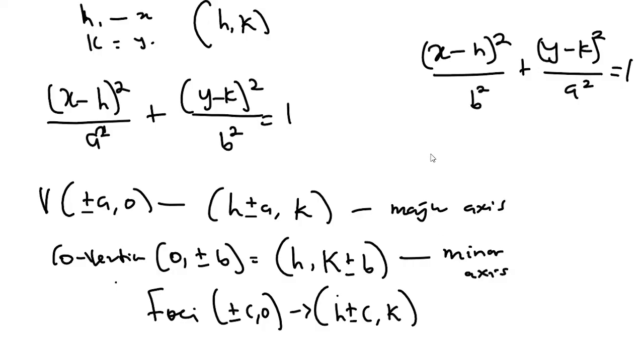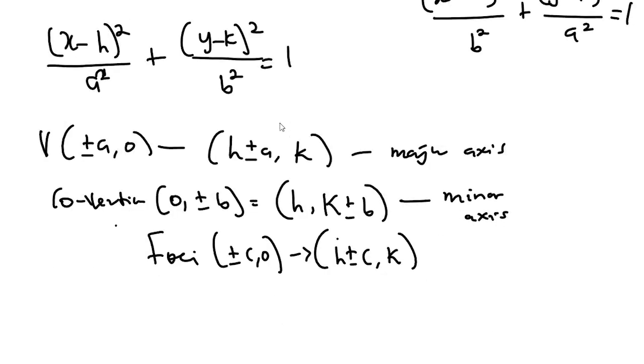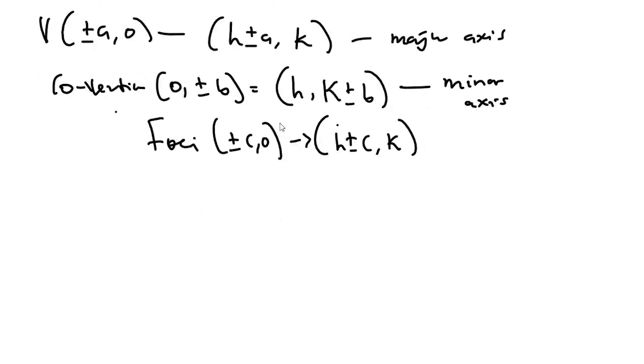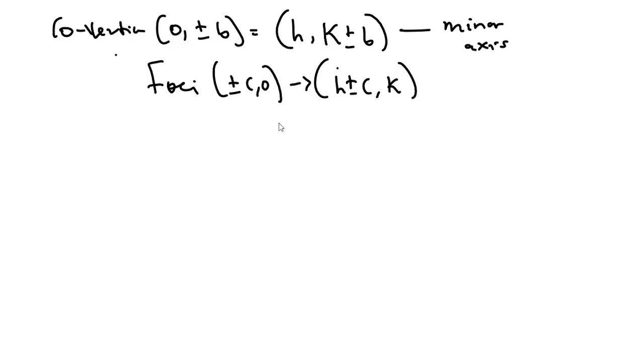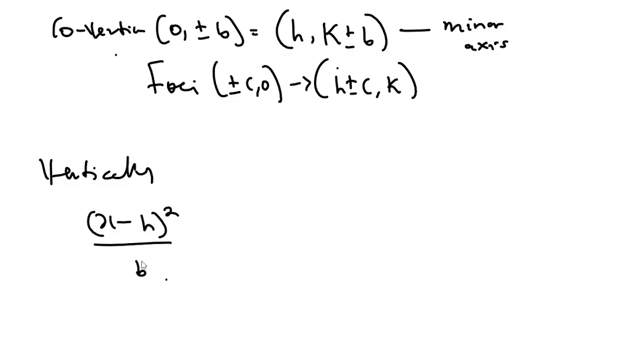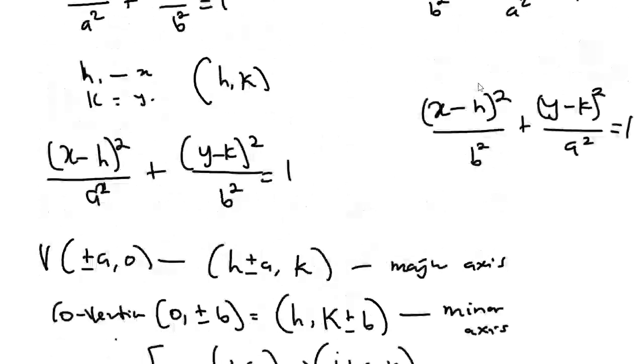What about when it stretches vertically? We have (x minus h) all squared divided by b squared plus (y minus k) all squared divided by a squared equal to 1. Now look at this.